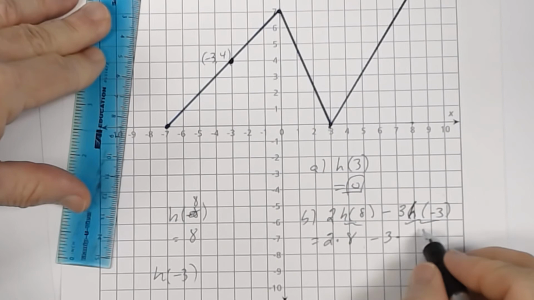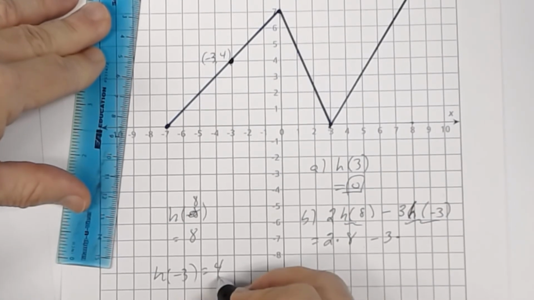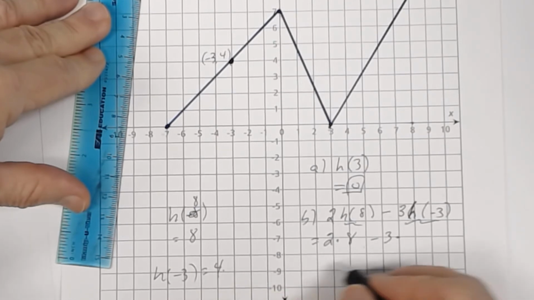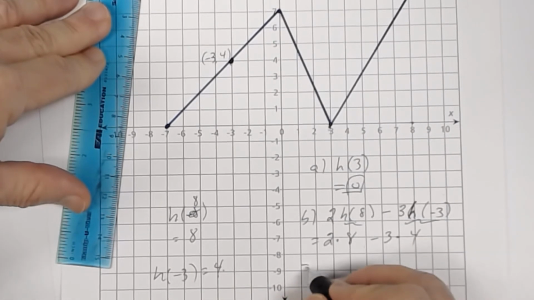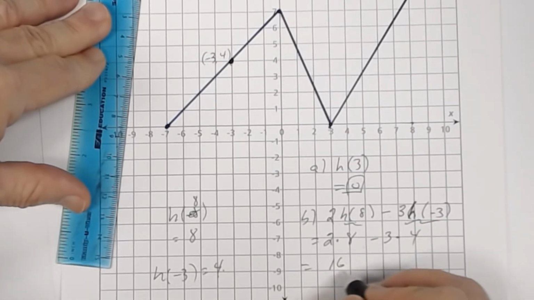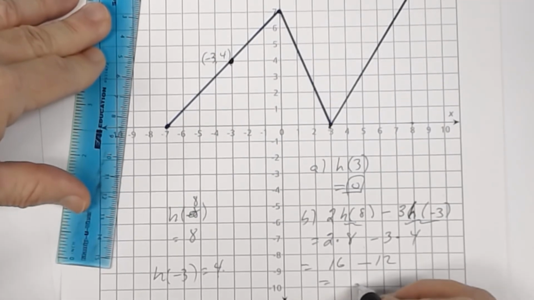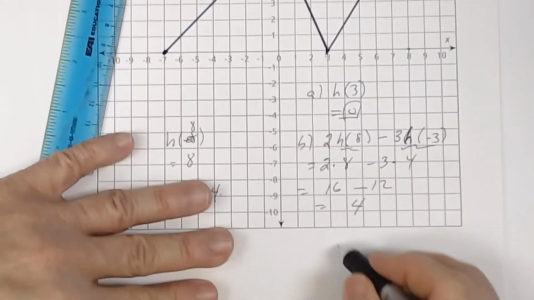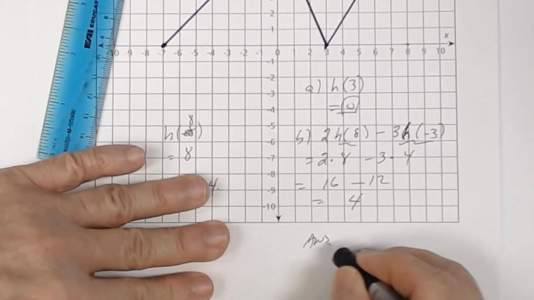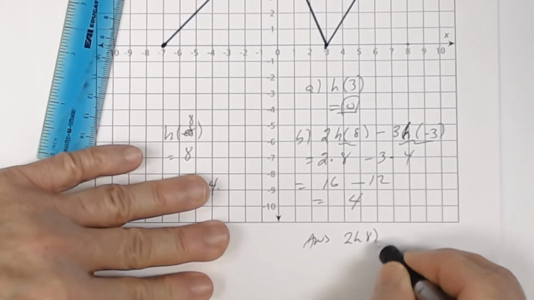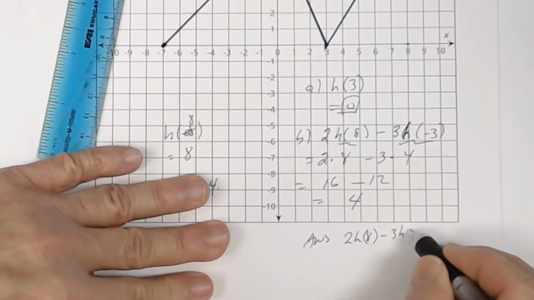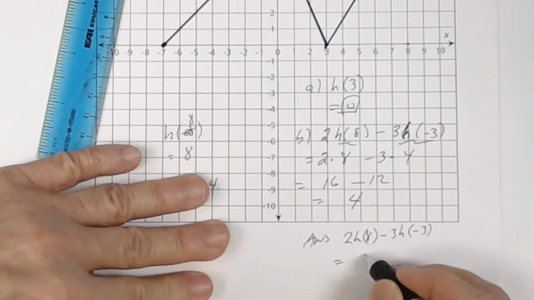So h of negative 3 is equal to 4. So that goes here. And so I get 2 times 8 is 16, minus 3 times 4 is 12, and 16 minus 12 is 4. So therefore, 2h of 8 minus 3h of negative 3 is equal to 4.